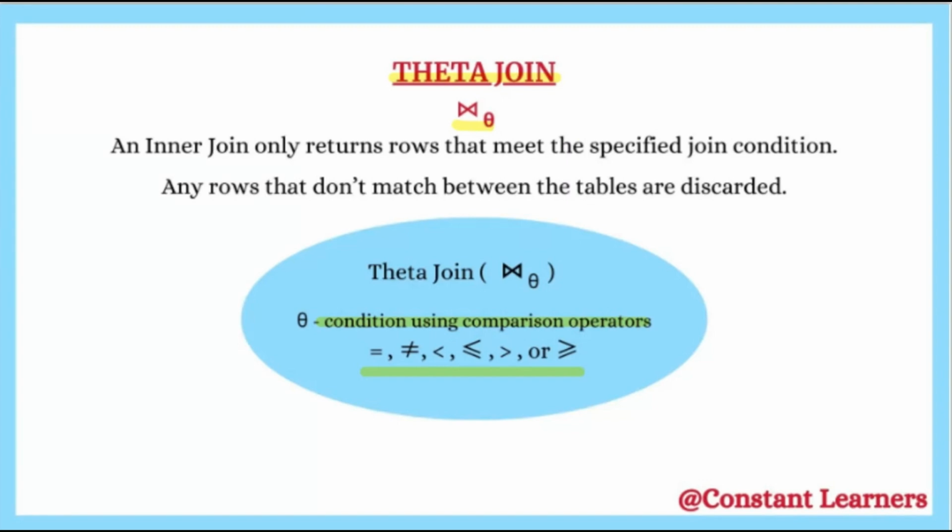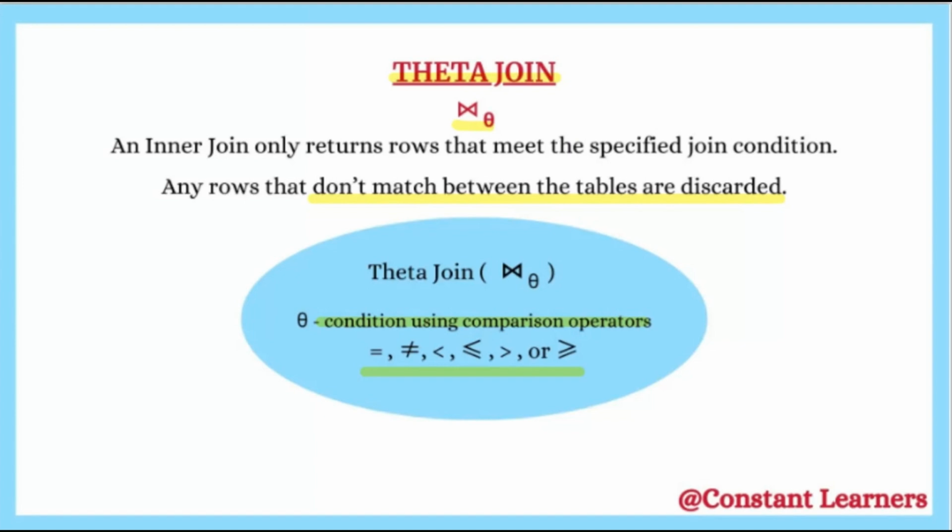Now, since inner joins only use comparison operators, that is why we say that any rows that don't match between the tables are discarded. Because here we are comparing only, right? And wherever the comparison does not work, the rows don't match, those rows are discarded from the output.